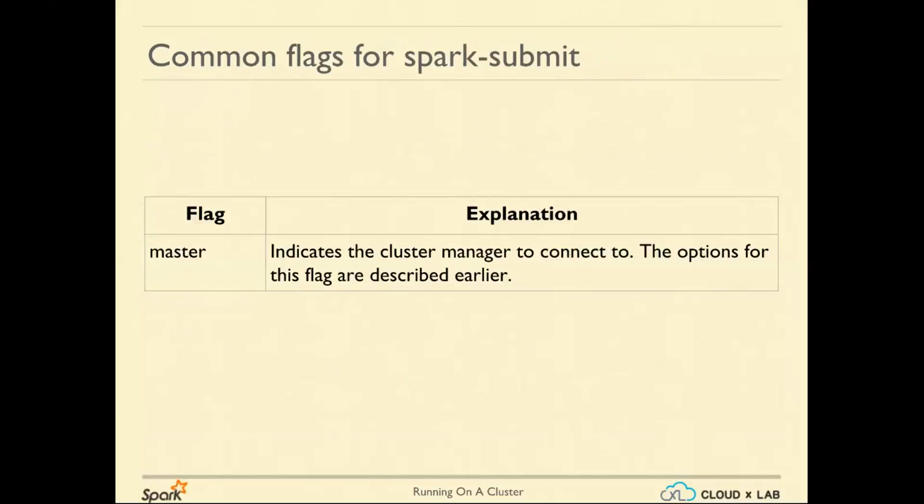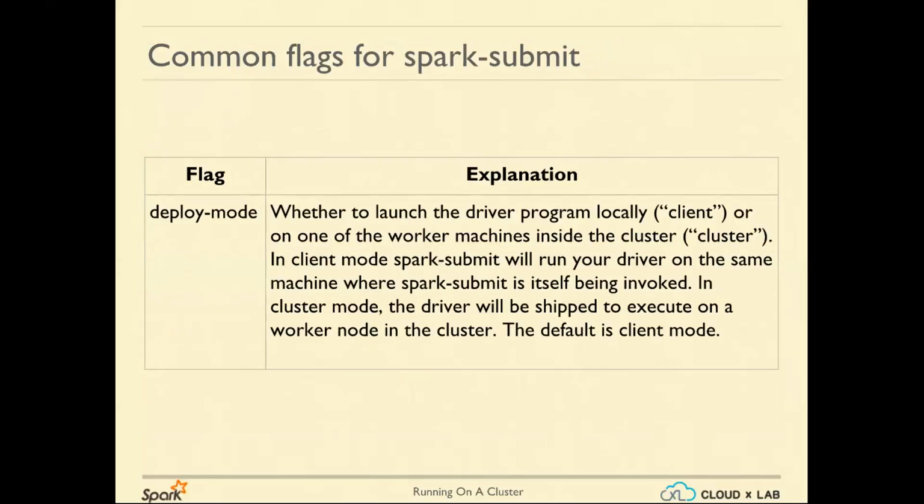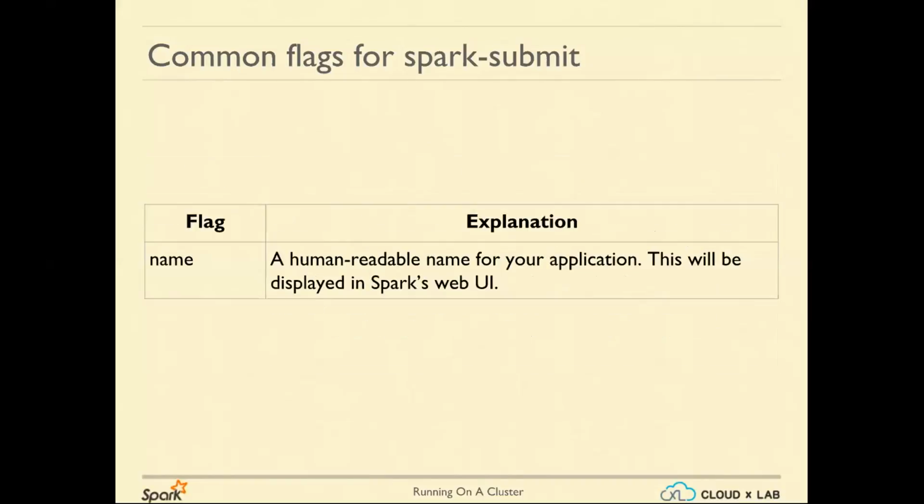Okay. In Spark submit, the flag --master that we passed indicated which cluster manager we are connecting to. --deploy-mode told where to run the driver, inside the cluster or outside the cluster. And we could also specify the name of the application.